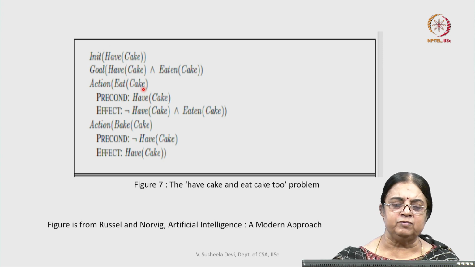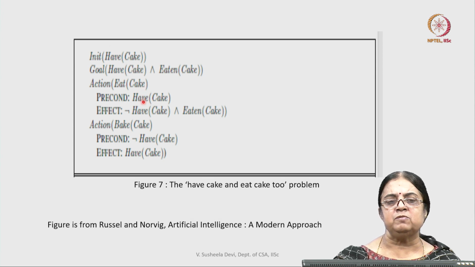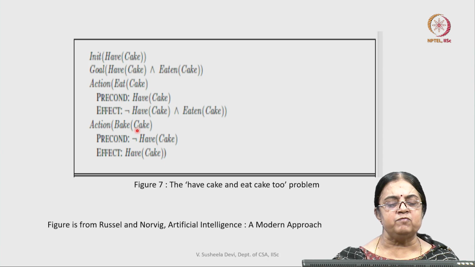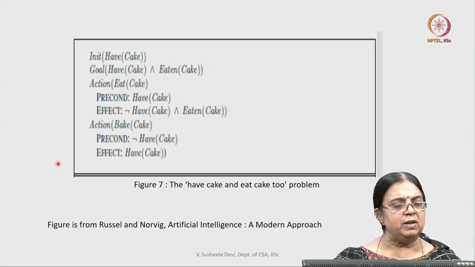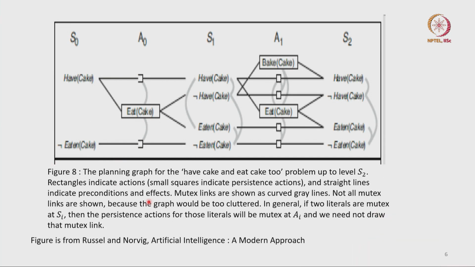So if you eat cake, the precondition is that you must have cake, and the effect is not have cake and eaten cake. And you can also bake cake. So if you have bake cake, it means that the precondition is that you don't have a cake, so you're baking a cake, and the effect is to have cake. So this is a very simple planning problem. So this is the planning graph that we are going to get.